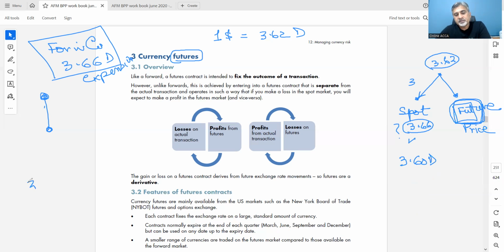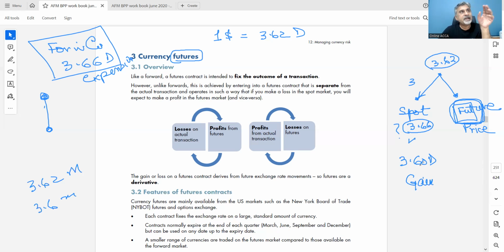Instead of paying 3.62 million dirhams to get $1 million, you will pay only 3.6 million. You will pay fewer dirhams because the dollar has depreciated and the dirham has appreciated. So if this happens in 3 months' time, you are actually making a gain.